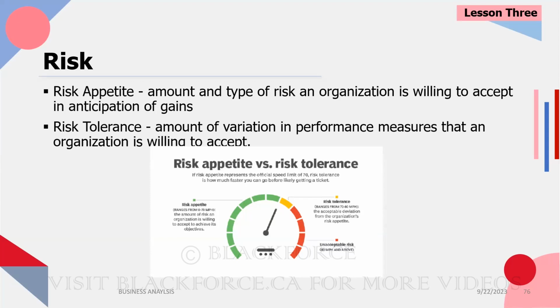If you go past 80, you are getting a ticket. And then if you go past 83 times, you lose a point on your driver's license. So I hope you see the difference between a risk appetite and a risk tolerance. Risk appetite is our sweet spot. This is the range we're okay with. If you go past it a little bit, we will tolerate it, but only to a certain level.